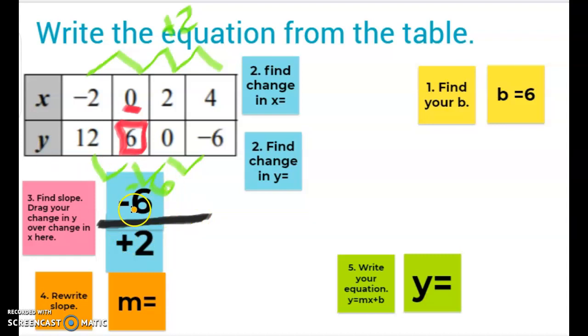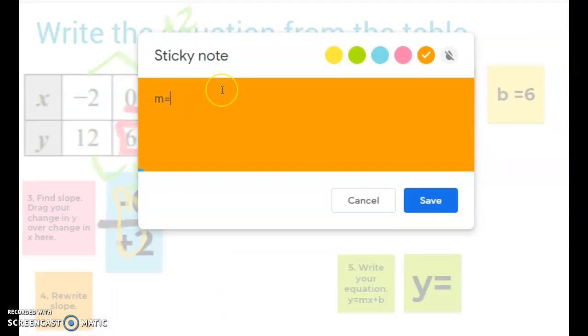If we remember, when our signs are not the same, that means I'm going to have a negative answer. My slope is going to be negative. If I do 6 divided by 2, I get 3, so I'm going to update that in my m. I am getting a negative 3.